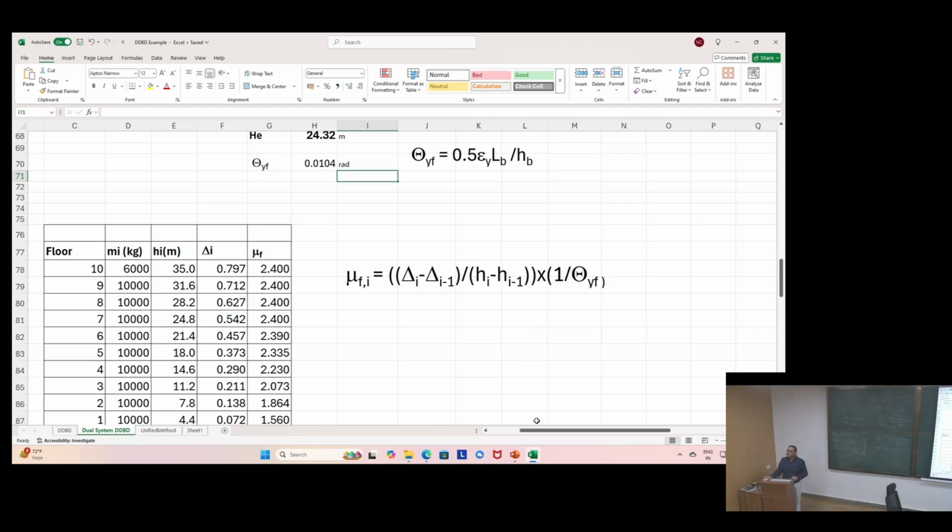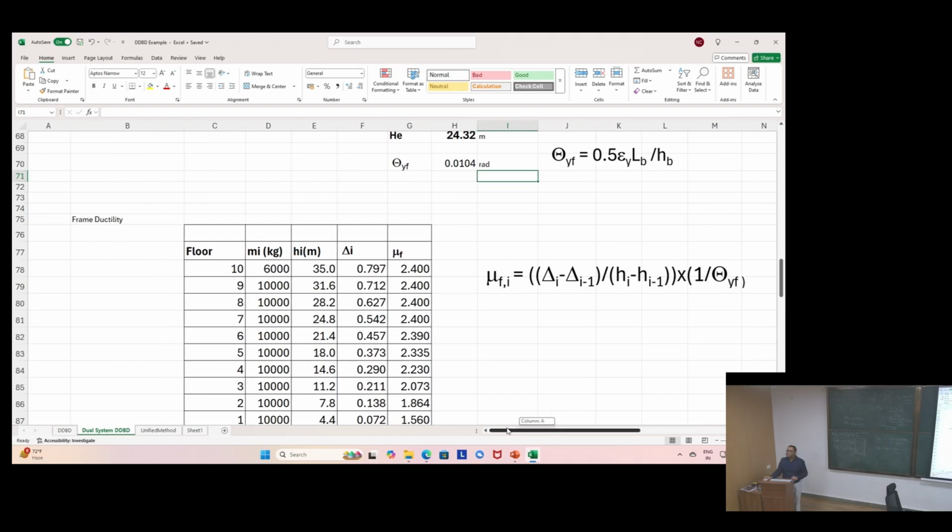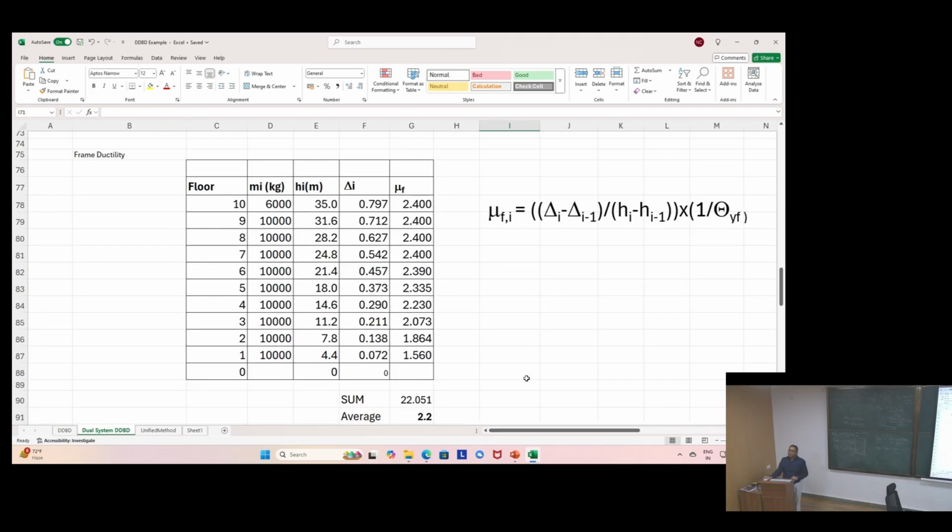Okay. Now we will have to calculate frame ductility, and frame ductility is for every story.